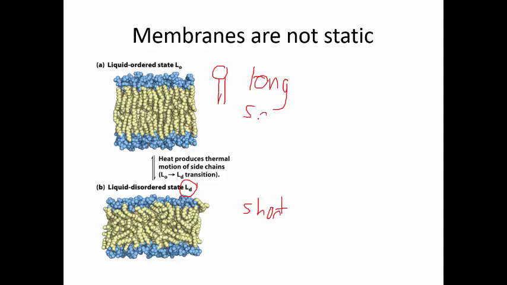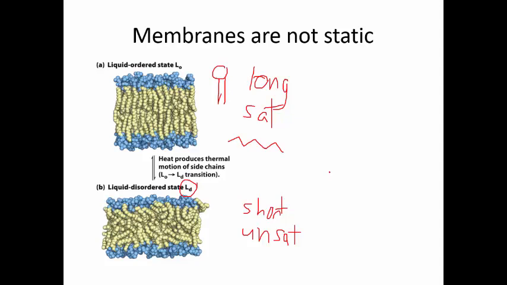Also, more saturated ones tend to pack into the liquid ordered state. This makes perfect sense because remember, these are the ones that just go in a line. And more unsaturated ones, with those kinks from the double bonds, tend to pack into the liquid disordered state. So if you have a bunch of really long saturated fatty acids, you're very likely to be pretty close to liquid ordered. If you have a bunch of short unsaturated ones, you'll be liquid disordered. If you have short saturated or long unsaturated or a mix, you'll be in between the two.